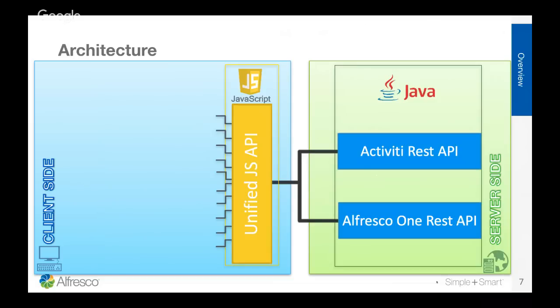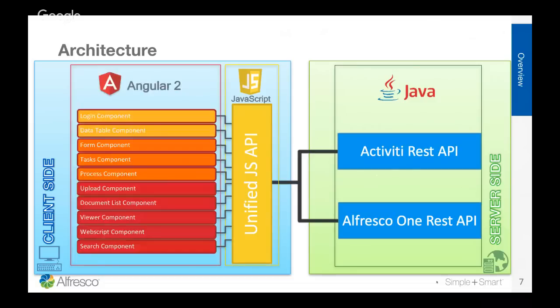One example is the login system. When you do the login with this JavaScript API, you can choose to be logged in with the Activiti REST API and also with the Alfresco One REST API, just by making one call. This for sure shortens your application development time, because you don't have to waste your time understanding the best way to call our REST API and how to bring this consistency. All this logic, all these mechanisms are already there inside the Alfresco JavaScript API.